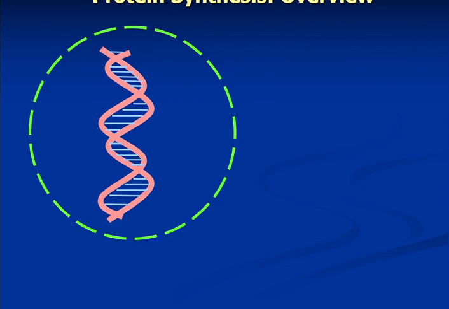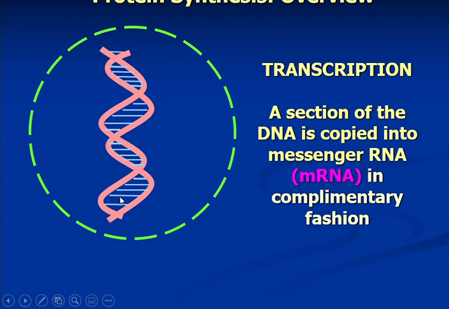So let's look at another way that we can give this a bit of an overview. Here's a visual representation. This is my nucleus. The green thing is my nuclear membrane going around, and here's my strand of DNA. So step 1 is transcription, where a section of DNA is copied into messenger RNA, mRNA, in a complementary fashion.